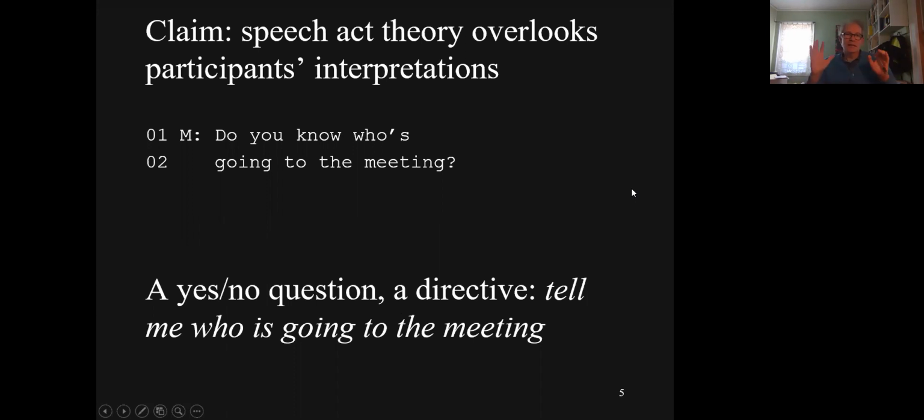That is one interpretation from speech act theory. And Schegloff suggested that's the primary classification that speech act theory would give this utterance.